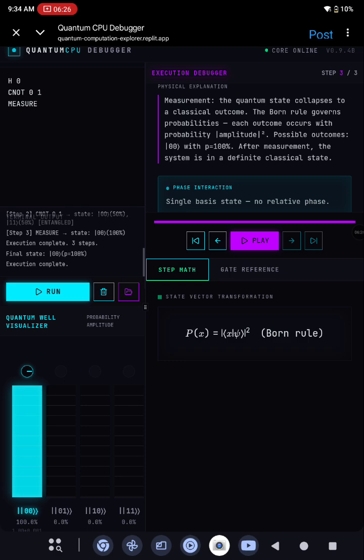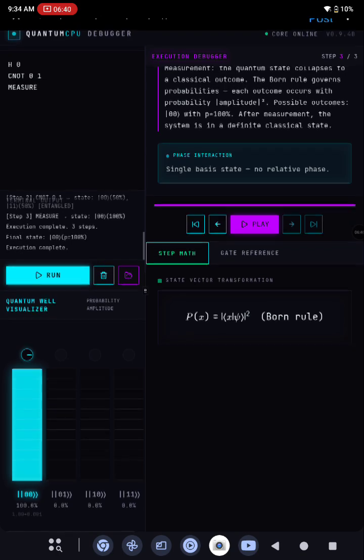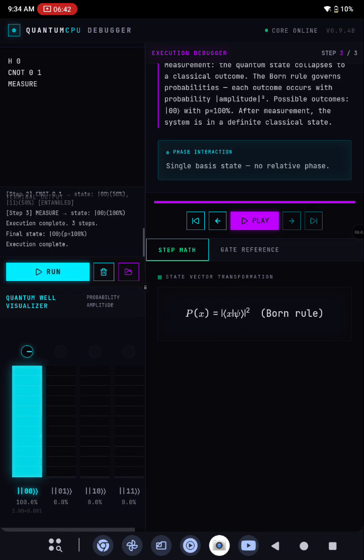The norm of the amplitude squared is equal to the measurement. Possible outcomes: state 00 with probability 100%. After measurement, the system is in a definite classical state. Single basis state, no relative phase. And that final result is the measurement.